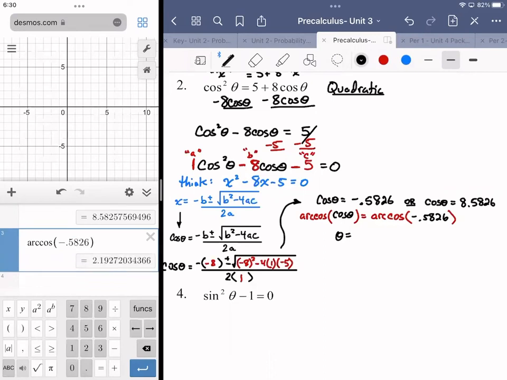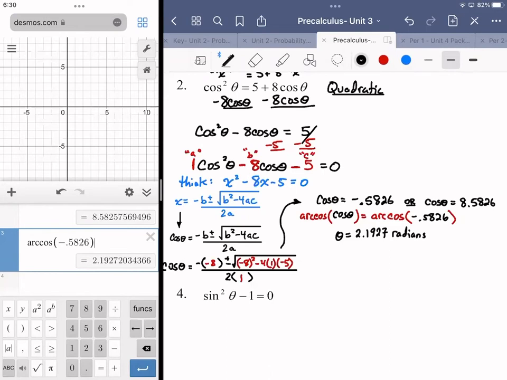At which point you would get 2.1927, right? Radians. All right, but we got to be careful about that answer. I'll explain why in a minute.